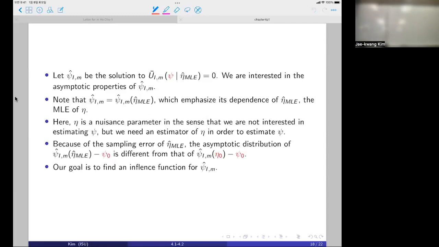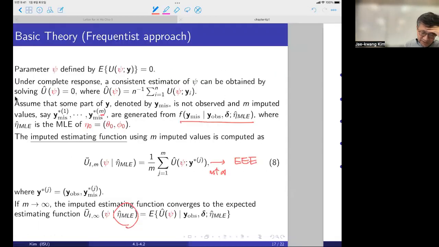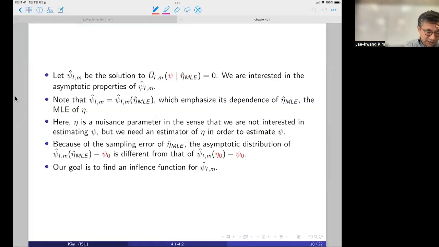So I think the first serious investigation is by Robins and Wang, 2000, Biometrika.